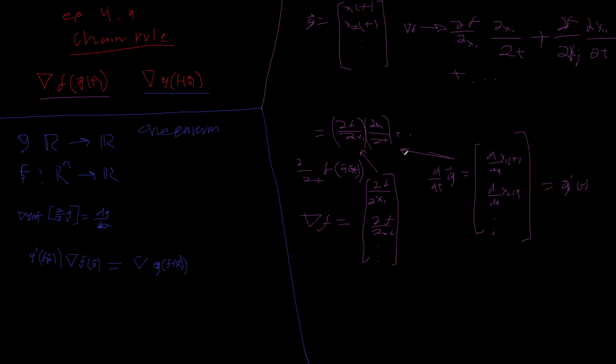So this is actually the dot product of nabla f dotted with g prime of t, and that is what the derivative of f of g of t is. Another usual way to write this is nabla f transpose, because remember, nabla is a vector, times g prime of t.